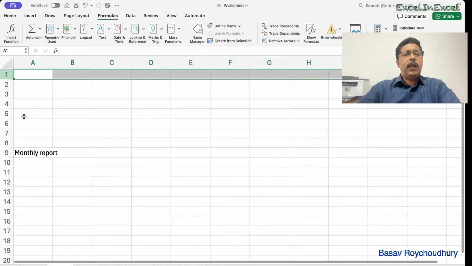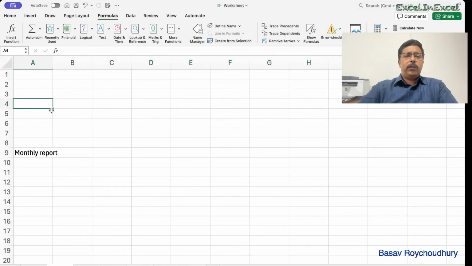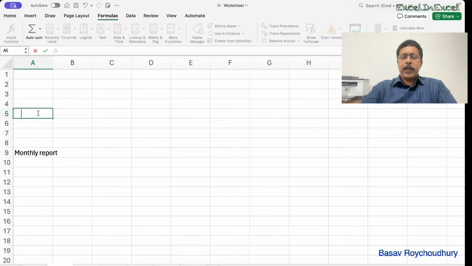So let's say we have ABC bank, but somebody, while typing ABC bank, put 1, 2, 3, 4, 5 blank spaces, then wrote ABC, and then put 5 spaces, then put bank, and put 5 spaces again.